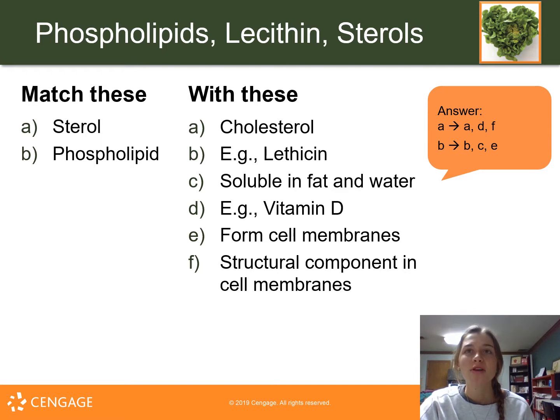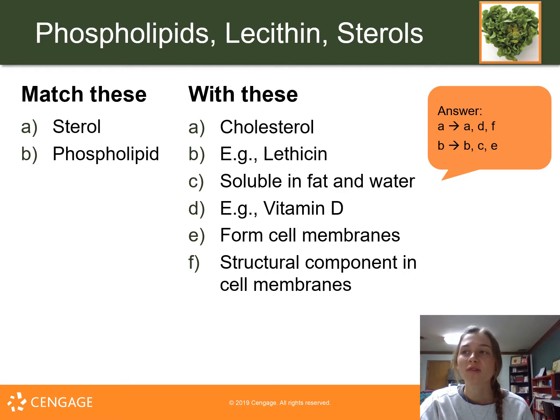And so now we'll look at phospholipids and sterols. A sterol is a compound containing a 4-ring carbon structure with any of a variety of side chains. It varies for most of them, but that main important structure is the 4-ring carbon.